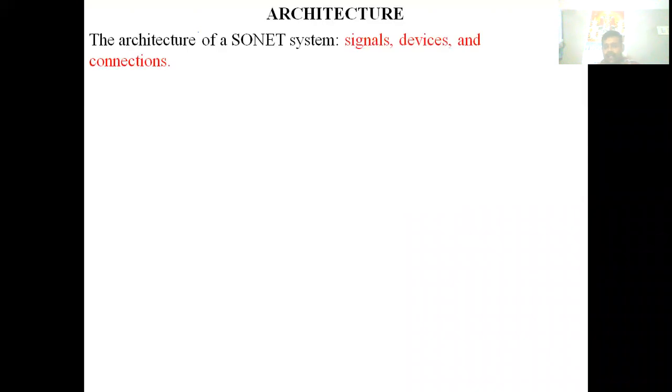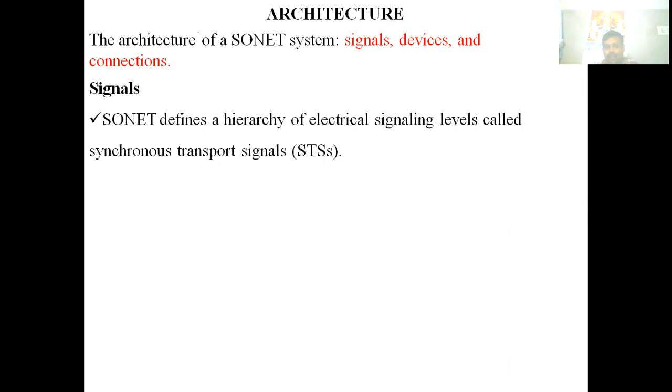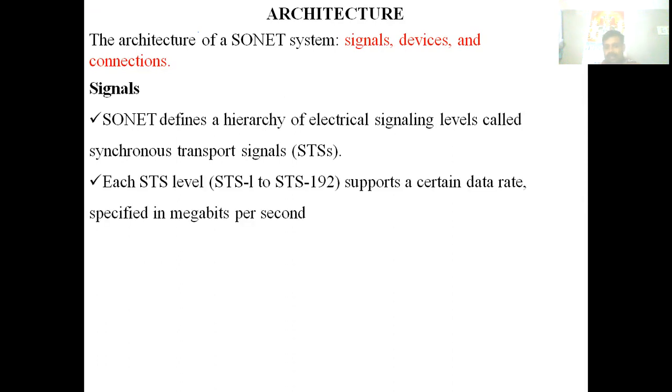Now architecture. So when you are coming to the architecture, the SONET is having signals, devices, and connections. First, signal. The SONET defines a hierarchy of electrical signal levels called STS, that is synchronous transport signal.